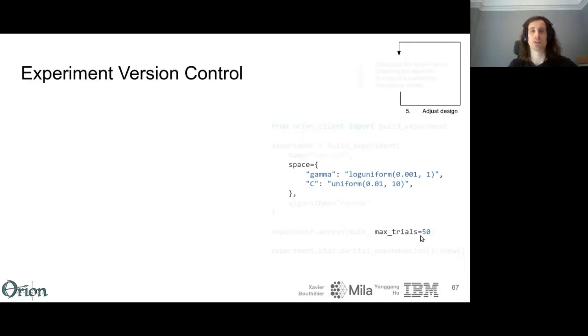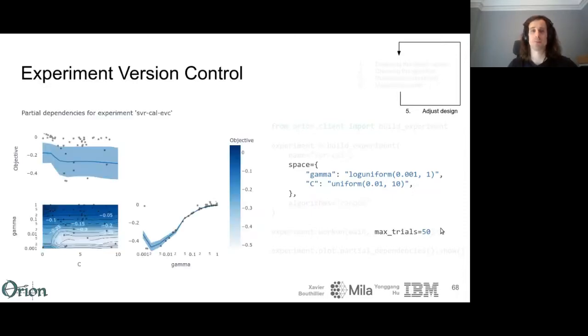Since we're using the experiment version control, this will actually just run 25 trials and reuse 25 trials from the parent experiment. We can see that for gamma, maybe there's an inflection point here, so maybe we found the best values. For C, it's not clear yet, but it seems to be better with larger values.